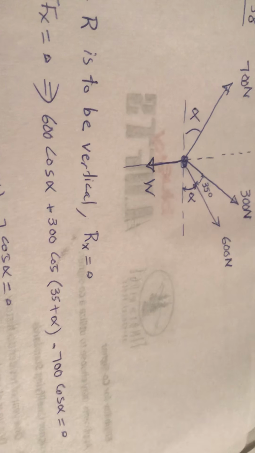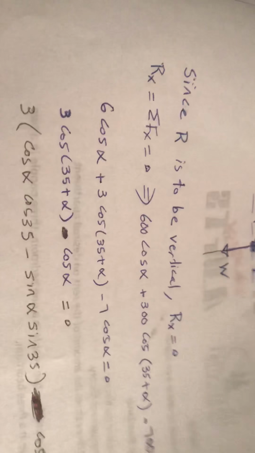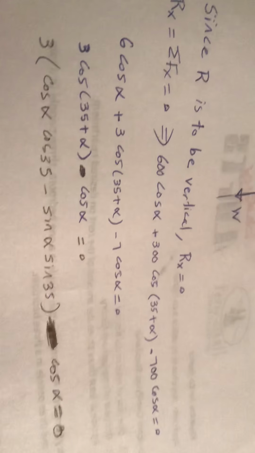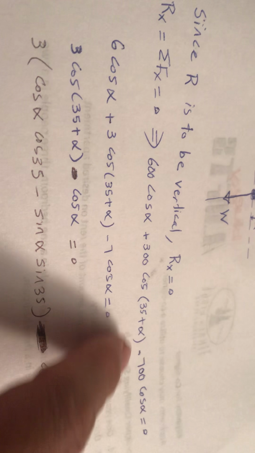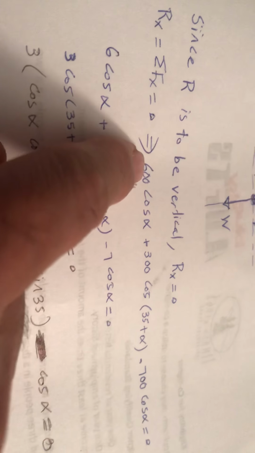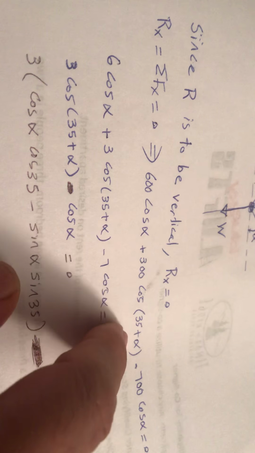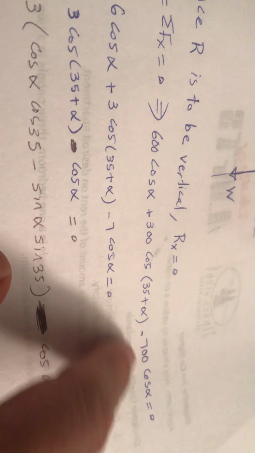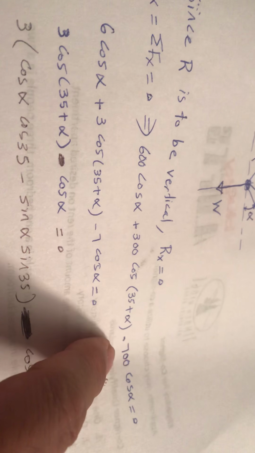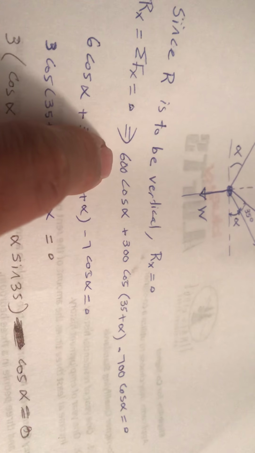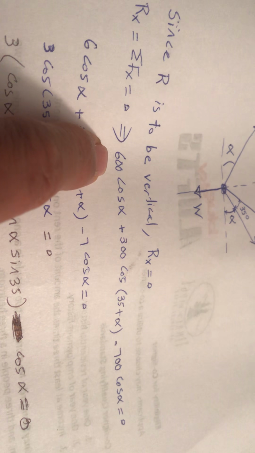And then look at this, this is in the negative x: minus 700 cosine alpha equal to 0. Here there are all hundreds, so we divide by 100 for all. It will be 6 cosine alpha plus 3 cosine of 35 plus alpha minus 7 cosine alpha. Now remember, minus 7 cosine plus 6 cosine, that's minus cosine.